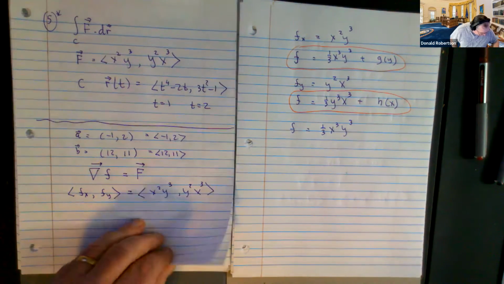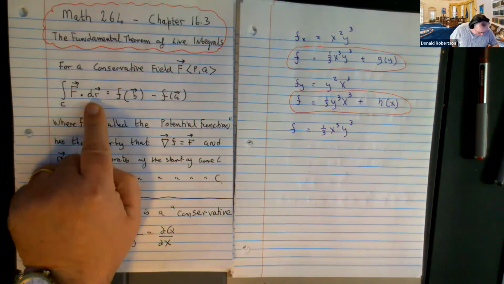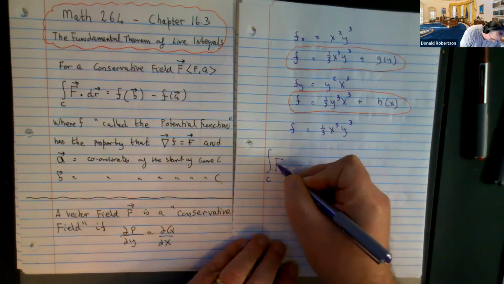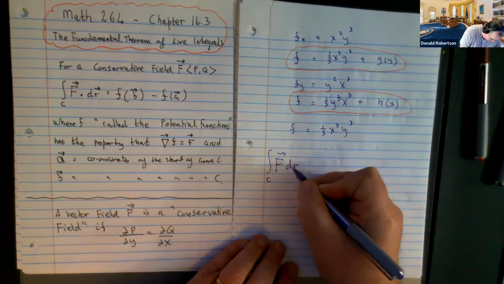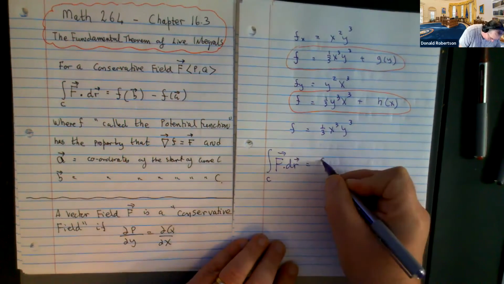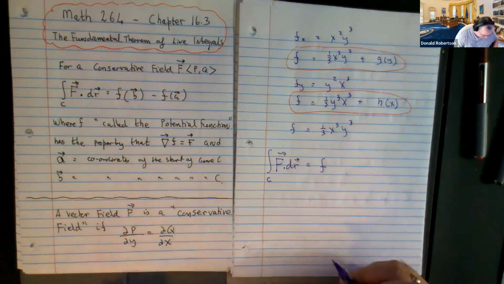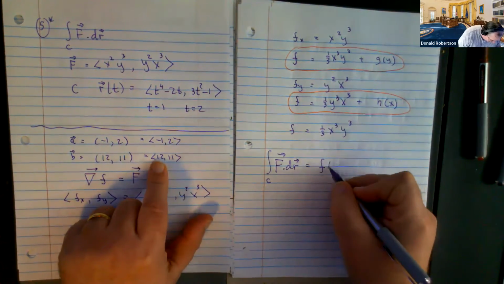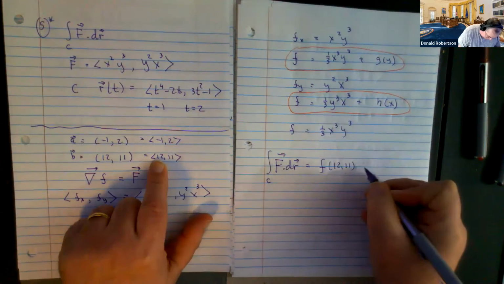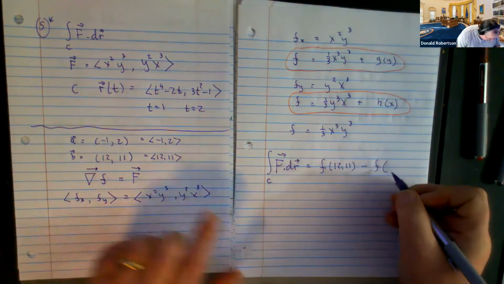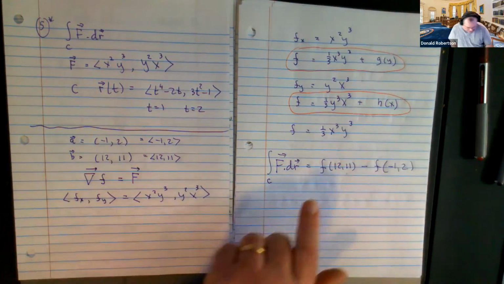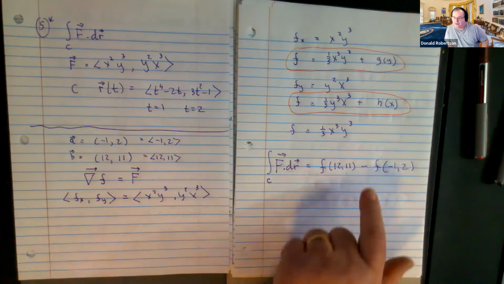And according to the fundamental theorem of line integrals, I can find the line integral of this guy by just finding the value of the function at the end, which is 12, 11, take away the value of the function at the start, which is -1, 2. You see, I just evaluate this at the beginning and at the end, right?